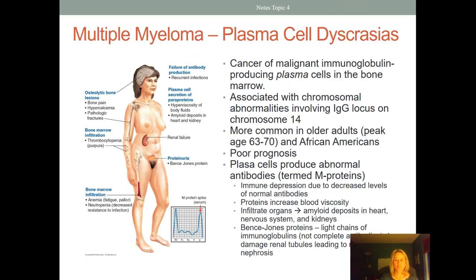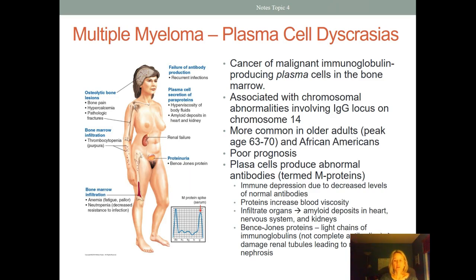Multiple myeloma involves malignant plasma cells in the bone marrow. And this is associated with abnormalities of chromosome 14 involving the IgG locus. It's more common in older adults and African Americans and has a poor prognosis. These plasma cells are going to produce abnormal antibodies that are called M proteins.